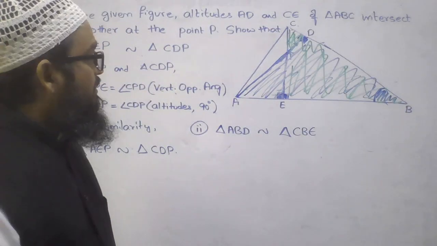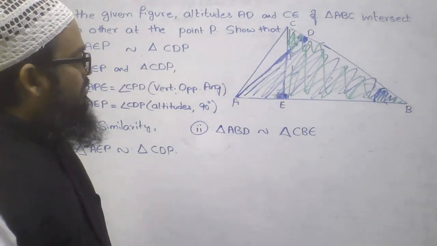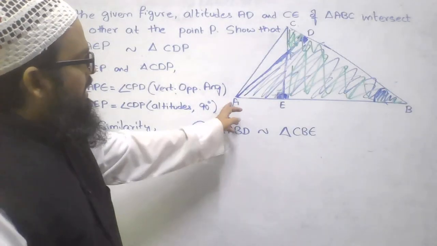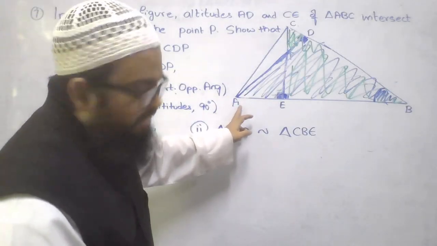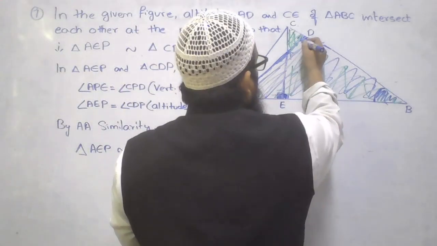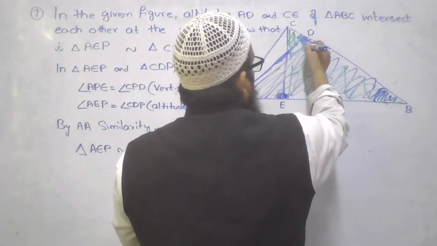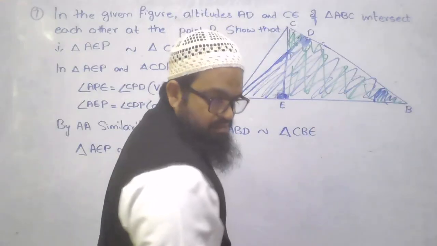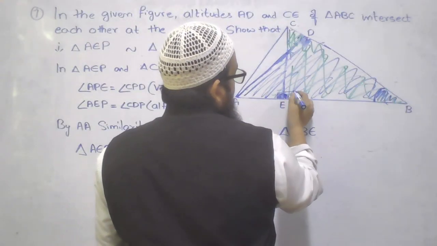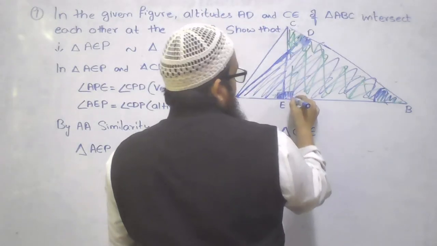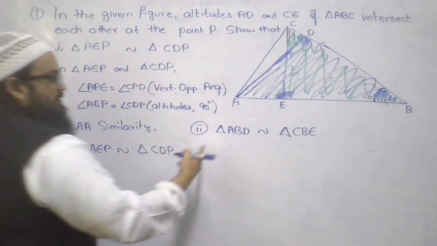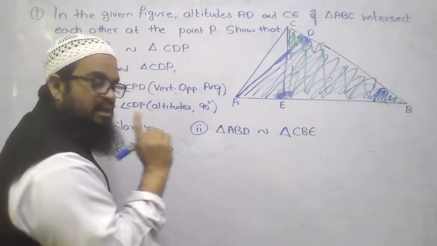After that, in these two triangles, in ABD I have 90 degrees over here, and in CBE this is also 90 degrees. So two angles are congruent, they are similar.